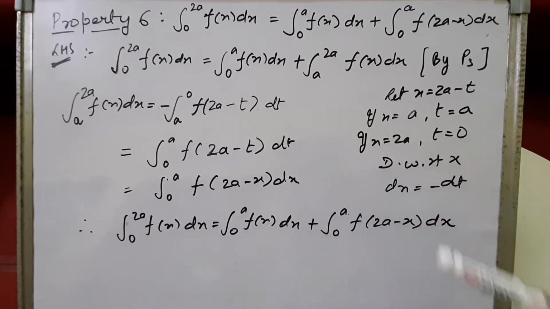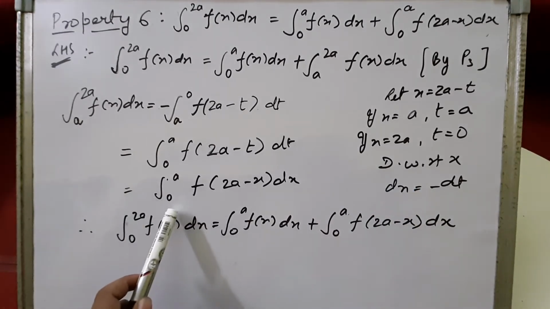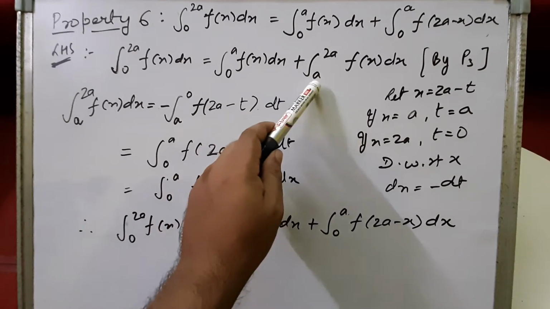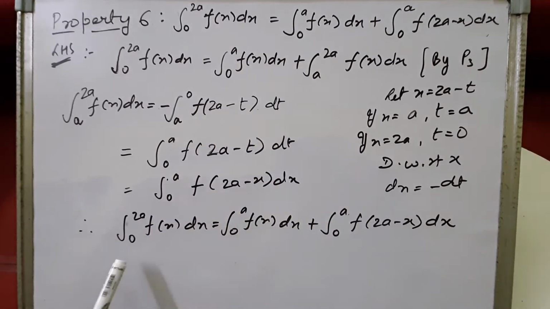That means the integration of a to 2a f(x) dx can be written as 0 to a f(2a minus x) dx. That means when we replace this term here, what we'll get? 0 to 2a f(x) dx equals 0 to a f(x) dx plus 0 to a f(2a minus x) dx. Alright children, please note down.